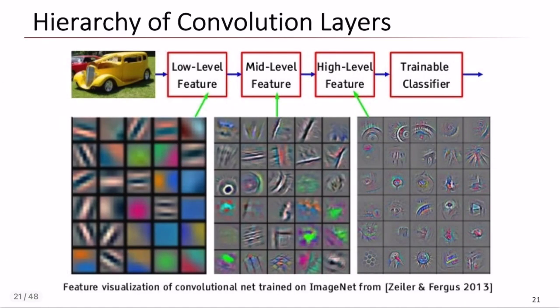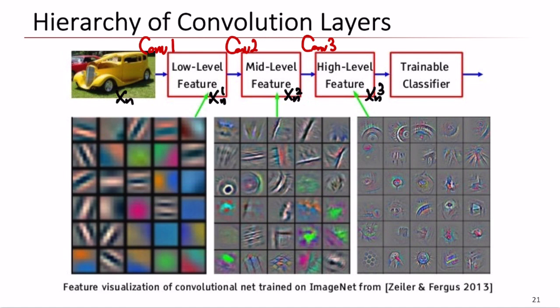Anyway, by designing convolution in a hierarchical manner, let's say conv 1, conv 2 and conv 3, we can extract the feature vector and the subsequent feature vectors. Let's suppose that this is x, and this is the first output, second output, third output.